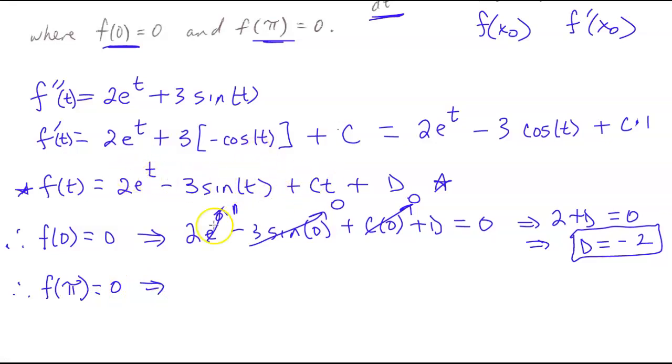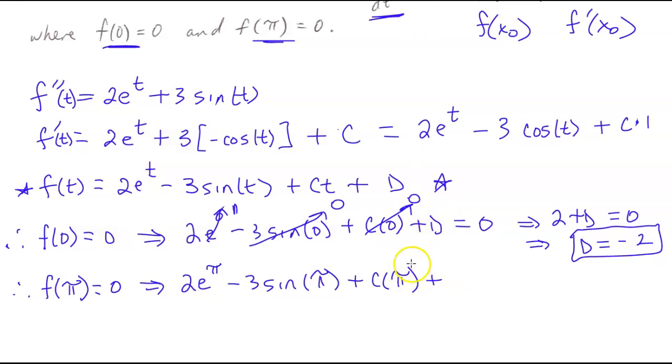So again, same function, but this time everywhere where I see t, I'm going to let it be pi. And that should be a minus, not a plus. So here, minus 3 sine of pi plus c of pi plus d, which is a -2.